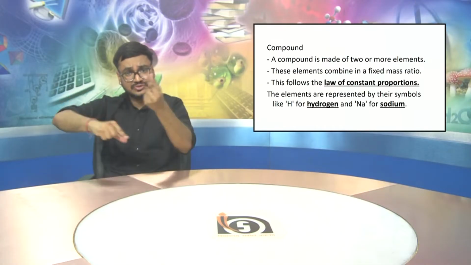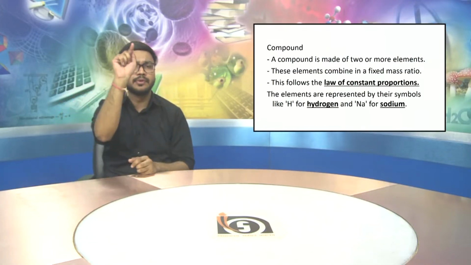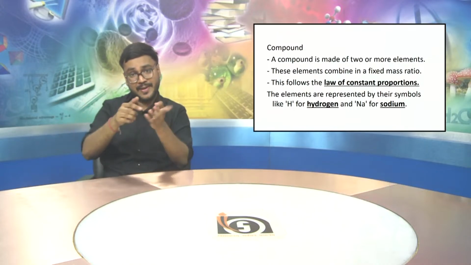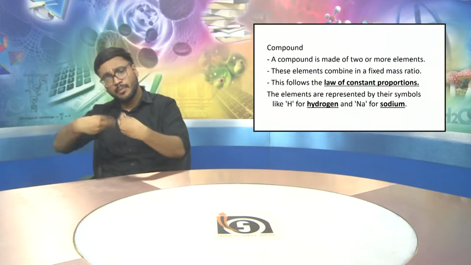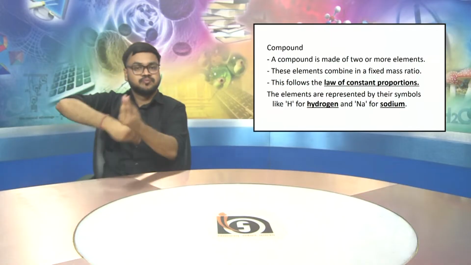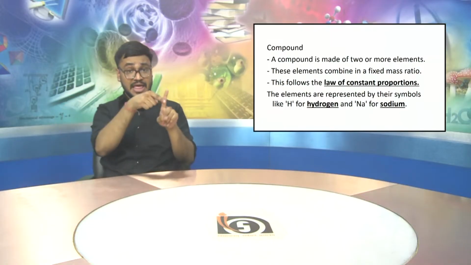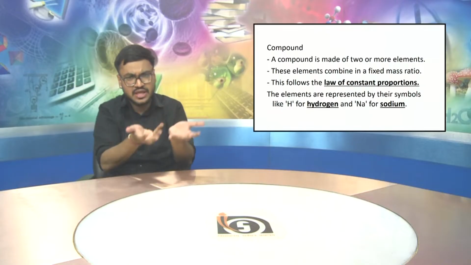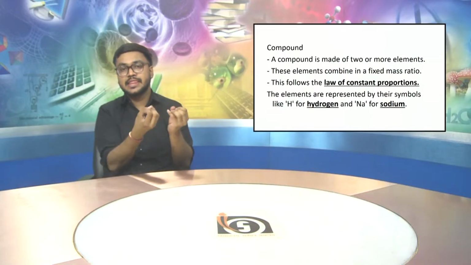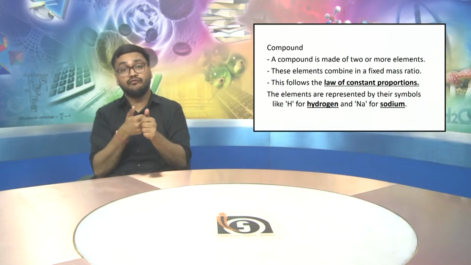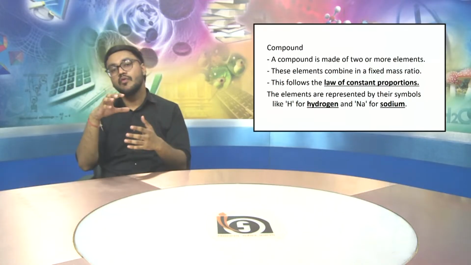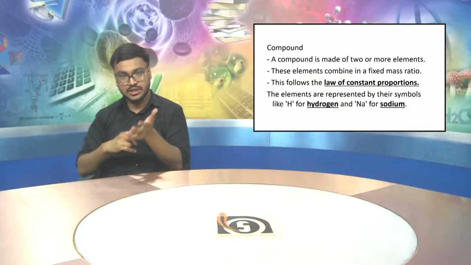But what is a compound? A compound is made up of two or more elements, and these elements combine in a fixed mass ratio. This combination follows the law of constant proportion.